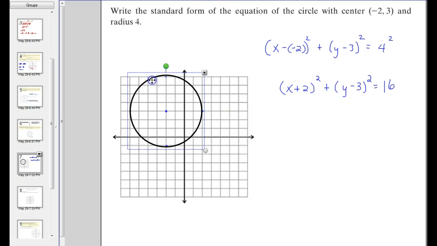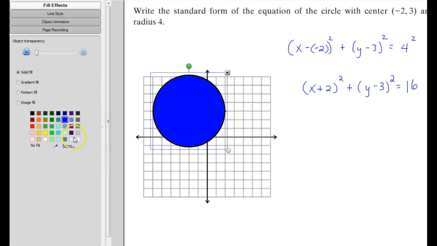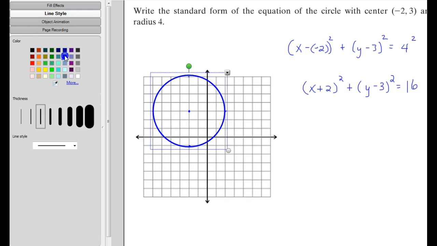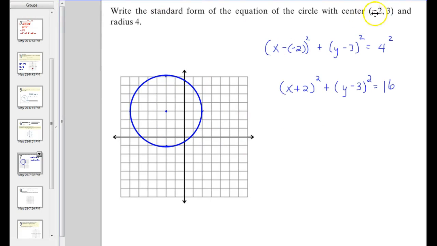So the thing I want you to get down with the circle is the sign change here. Right? When you got an x plus 2, that means the center is negative 2.